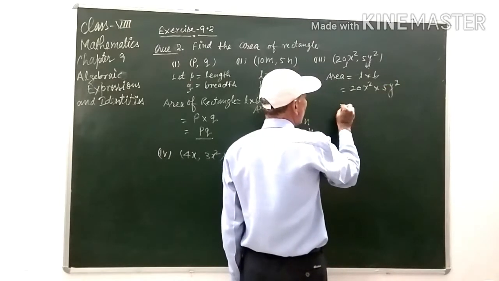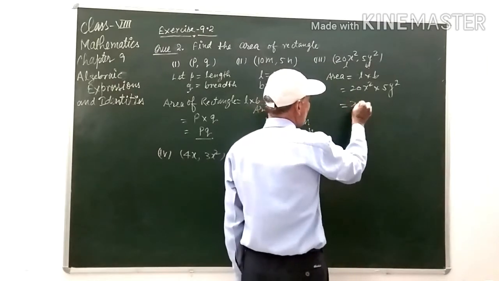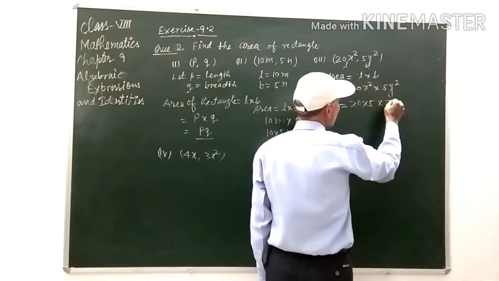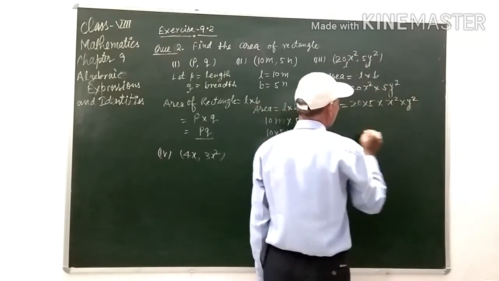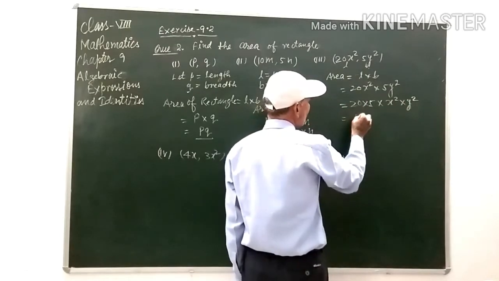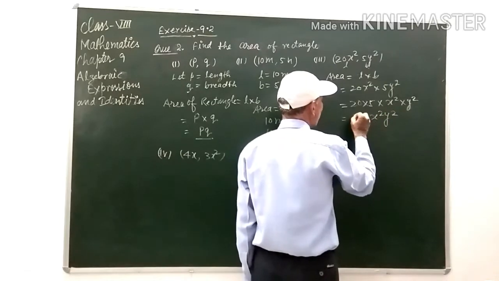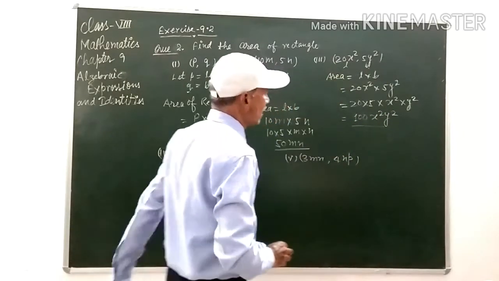So first group the numbers, that is 20 into 5, into variables on one side, x square into y square. Okay, so 20 fives are 100, x square y square. This is the answer. This is the area of this rectangle.